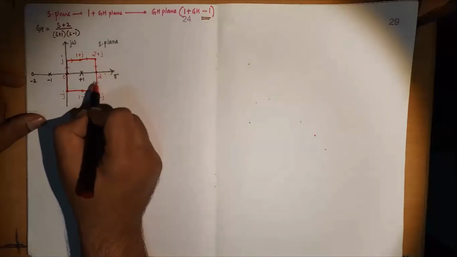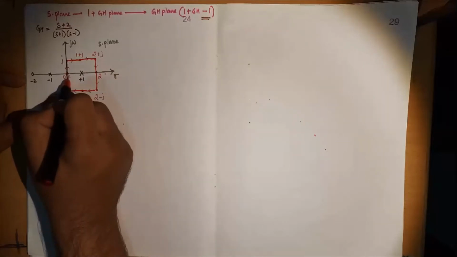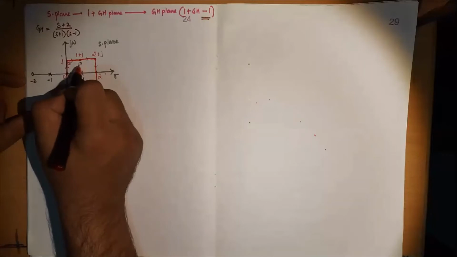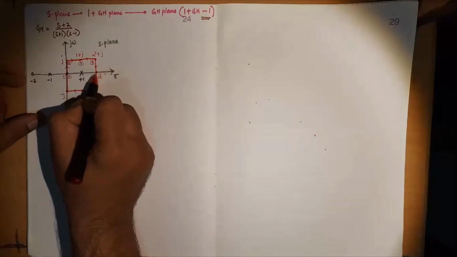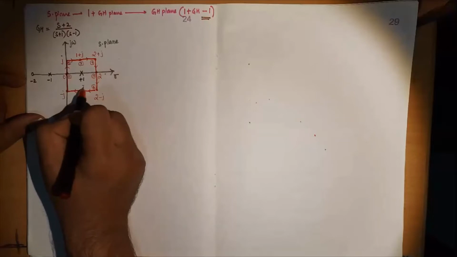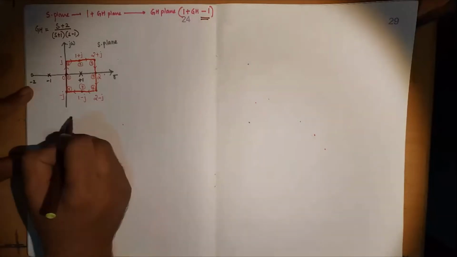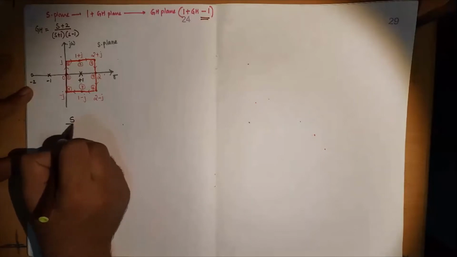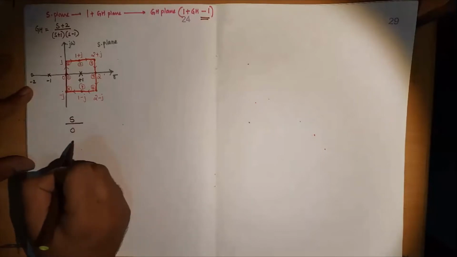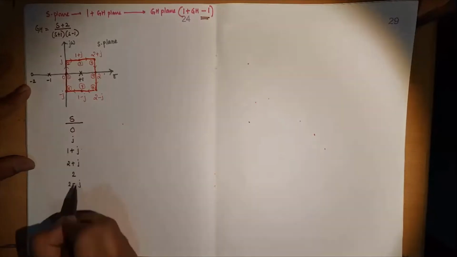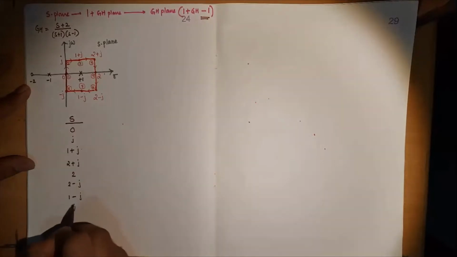Let me take the closed contour direction as clockwise, like I am moving in a clockwise direction, and I will number the points as 1, 2, 3, 4, 5, so that it will be easier when I start mapping. Any doubts till this point? Just listen to the story, and then you can raise any queries. So these are the S-plane points: 0, j, 1 plus j, 2 plus j, 2, 2 minus j, 1 minus j.